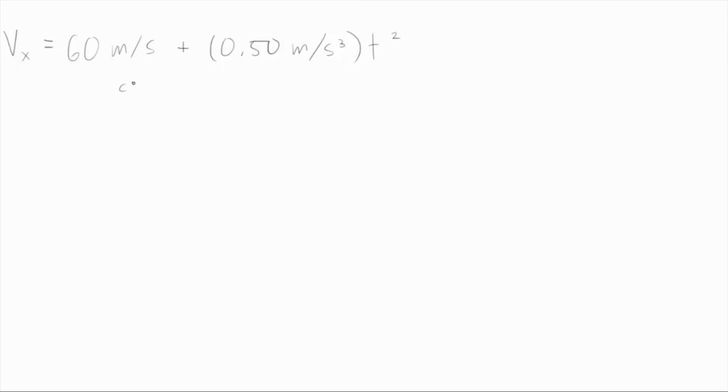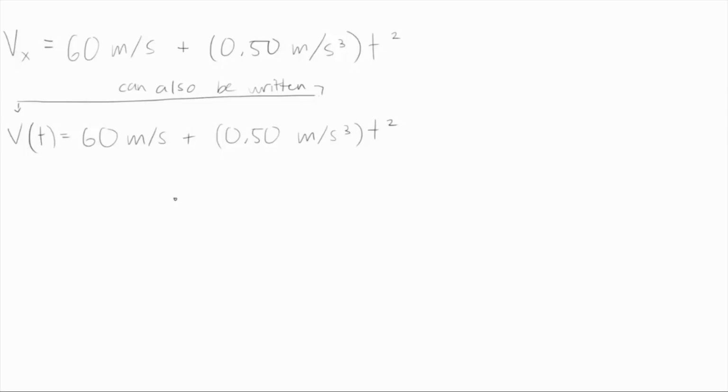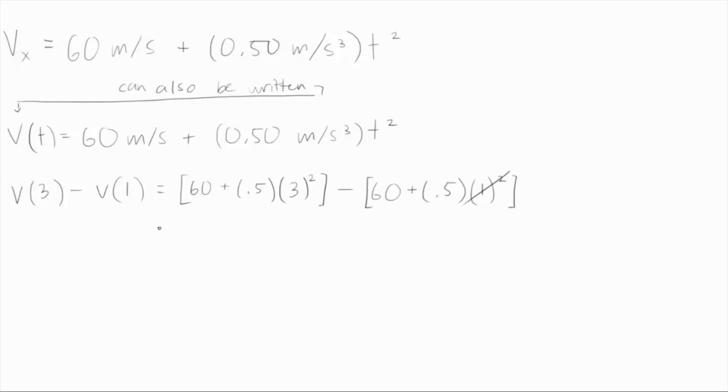To find the change in x velocity of the car in the time interval t sub 1 equals 1.0 seconds to t sub 2 equals 3.0 seconds, you treat the equation as a function. Then write the equation v3 minus v1 equals 60 plus 0.5 times 3 to the power of 2 minus 60 plus 0.5. After that, just solve it as such, then voila.